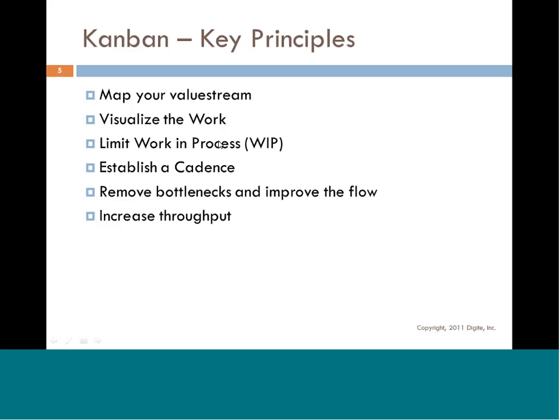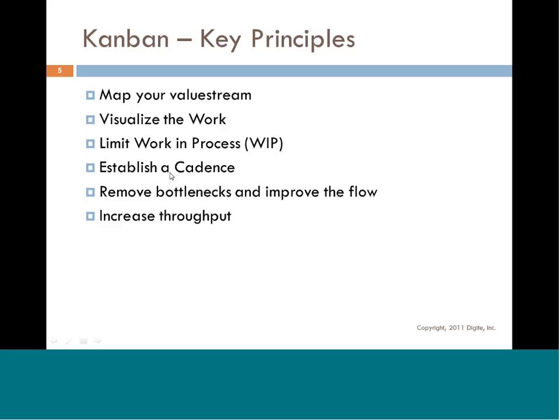When your process is not smooth, in certain stages the work builds up and you violate work in progress, which gives you an indication much earlier in the cycle that there is something wrong that needs to be fixed, rather than being surprised at delivery time that you didn't meet the deadlines, right?